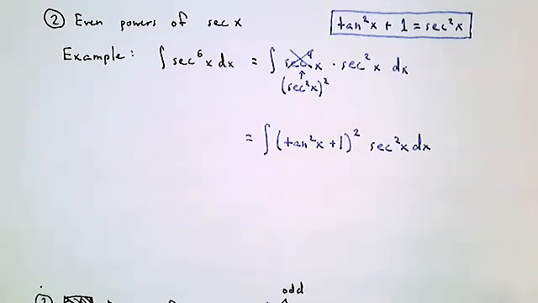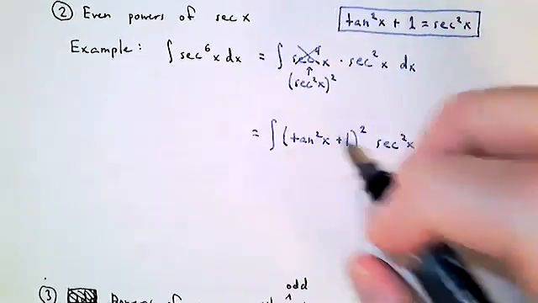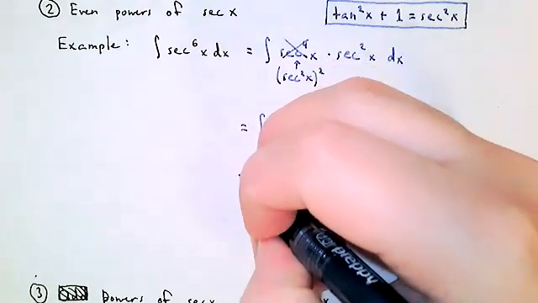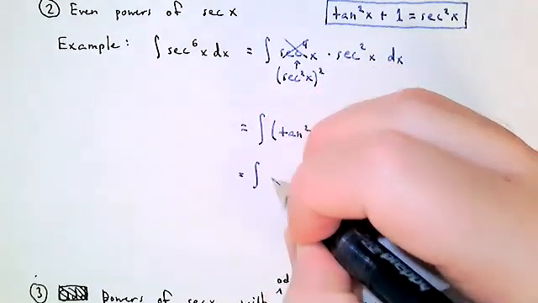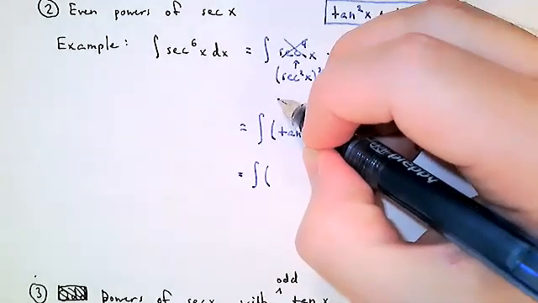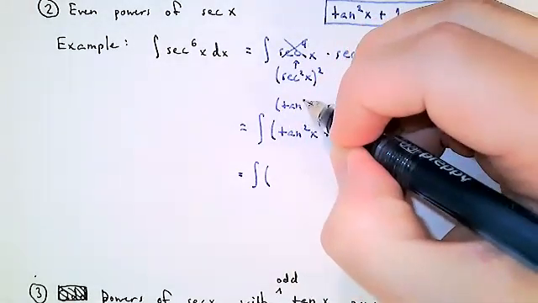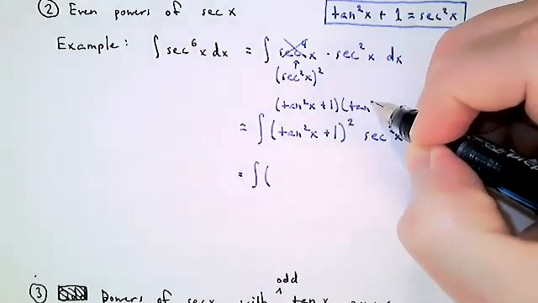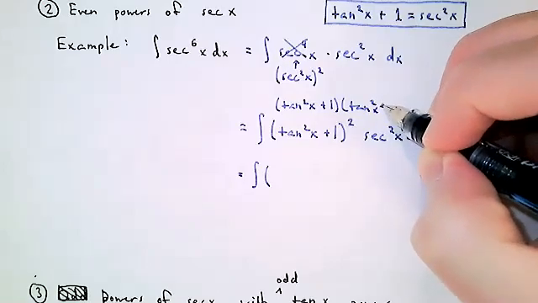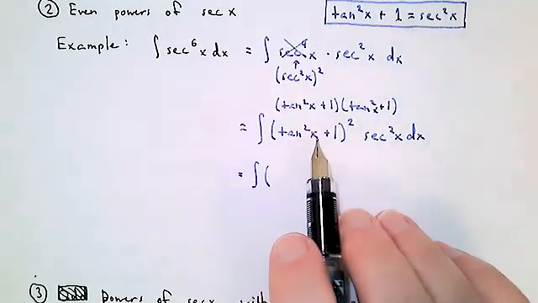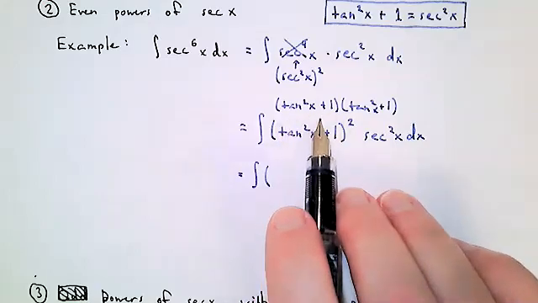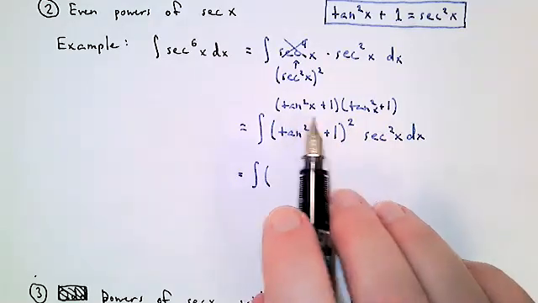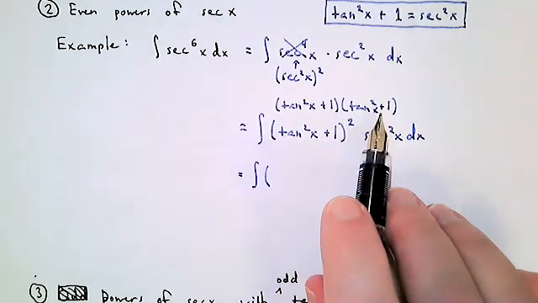Then we have to multiply out in order to finish the integral, we have to actually square things out. So if you wanted to use the FOIL method, if you need to think through all the terms and how they get multiplied, you might want to rewrite it. Tangent squared of x plus 1, squared, is really tangent squared of x plus 1 times tangent squared of x plus 1.